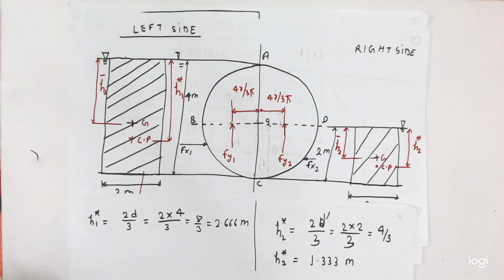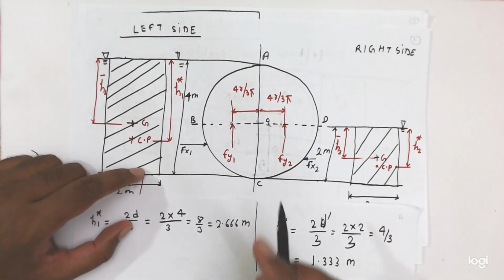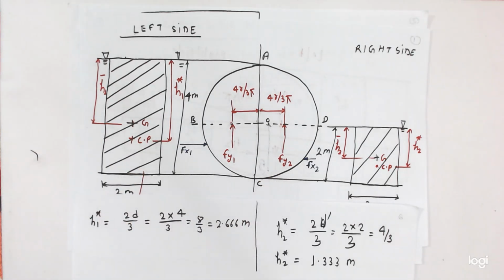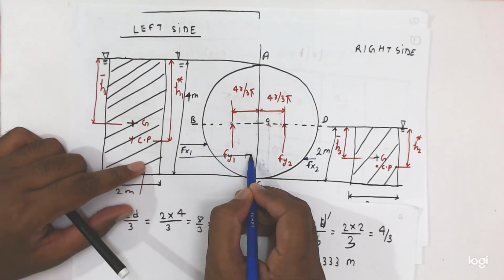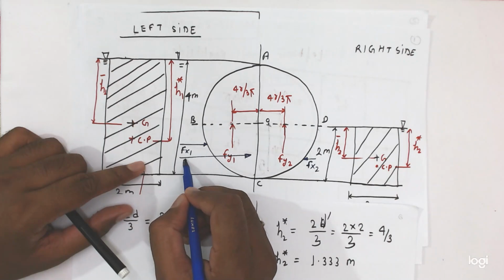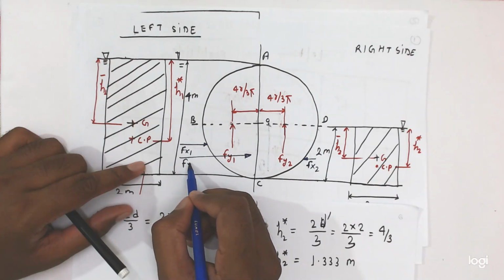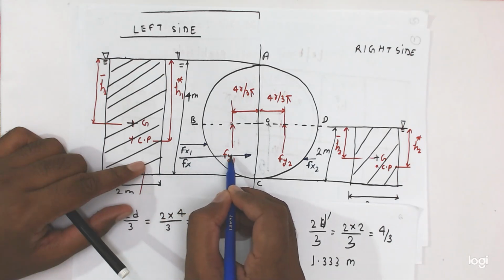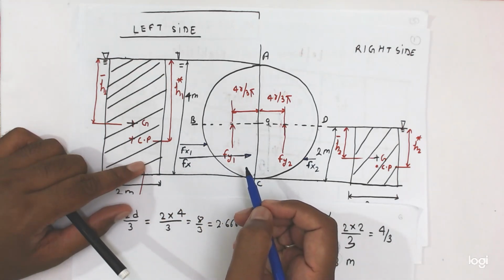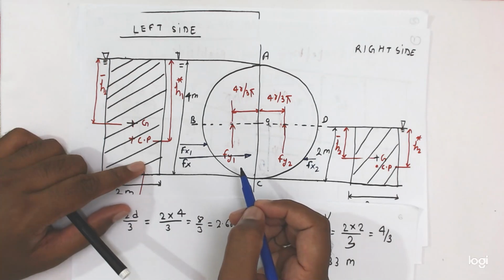Getting friends? Let's suppose the horizontal component of force is working somewhere here. We don't know, somewhere here it is working. This is the net horizontal component of force Fx.